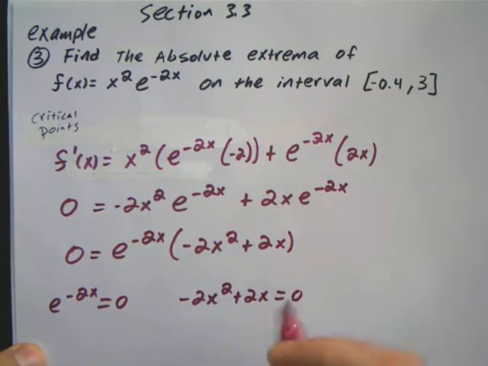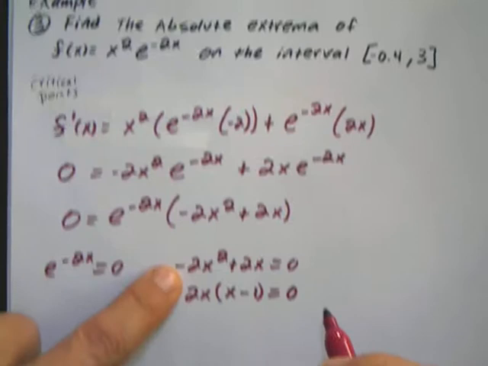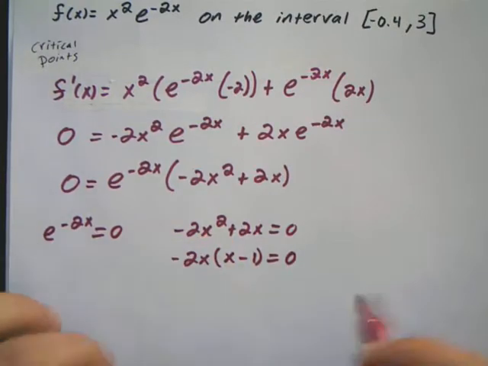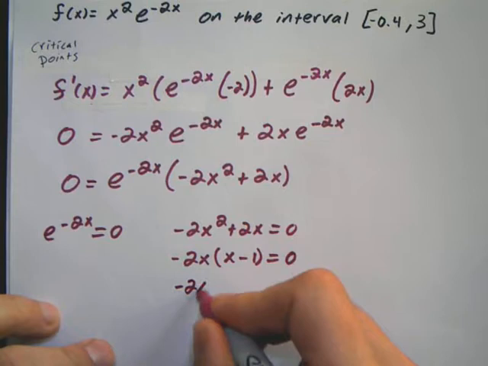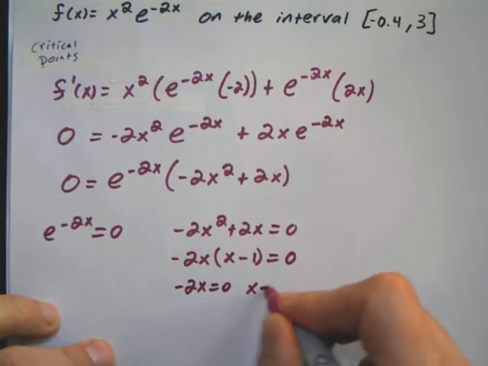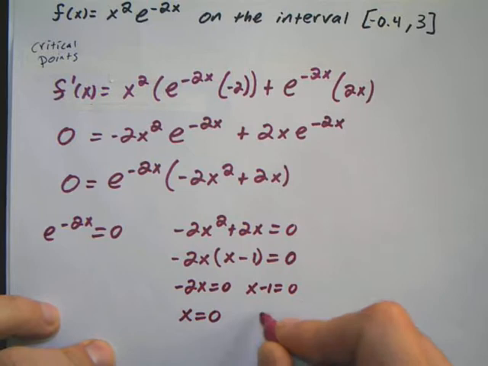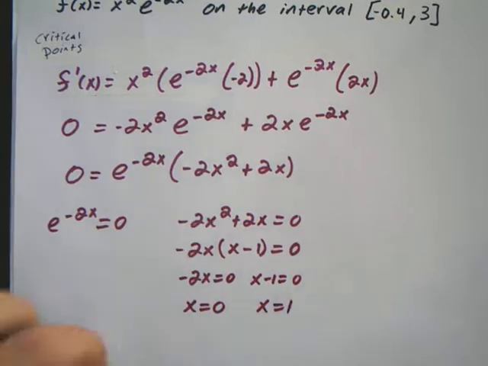I have a common term that I can factor out, which is negative 2x, and this gives me x minus 1 is equal to 0. If I factor out a negative number, that switches the sign from positive to negative. Now I can solve this: 2x is equal to 0, x minus 1 is equal to 0. So 0 is a critical point, and x is equal to 1 is a critical point.